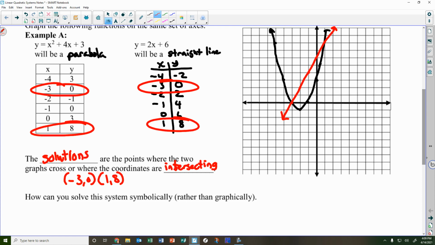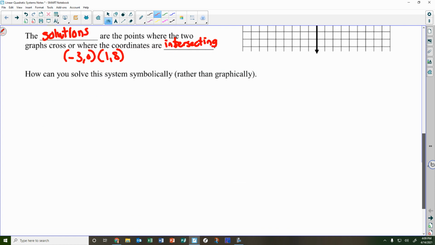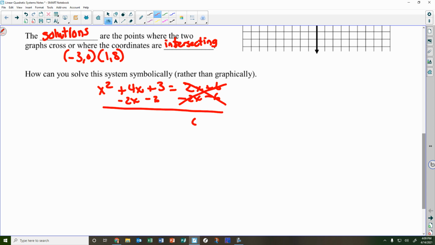Now, how can we do this symbolically to check it? Well, because we've been working on this, take the two and set them equal to each other. x squared plus 4x plus 3 equals 2x plus 6. So if I subtract the 2x and the 6 from both sides, I get x squared plus 2x minus 3.